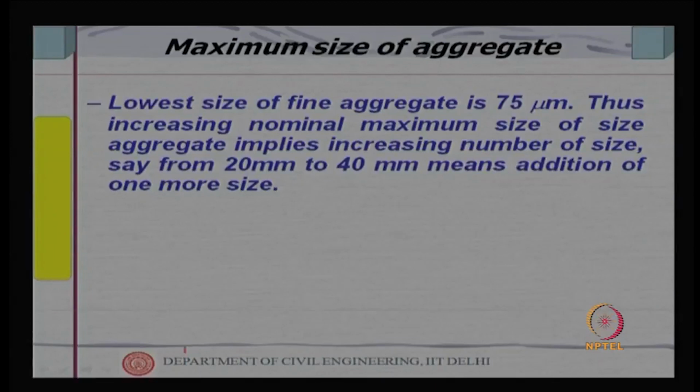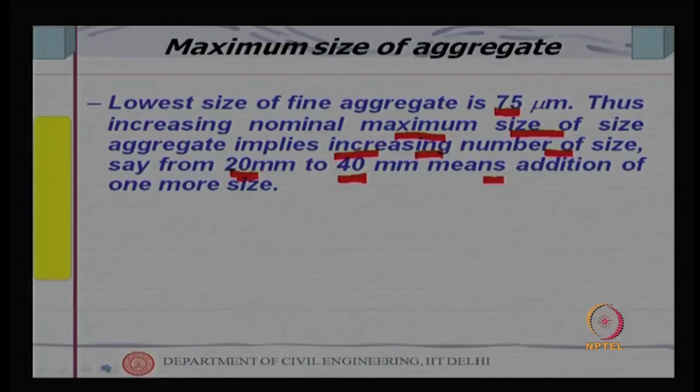So, the lowest size we say is 75 micron, because that is the sand size. Thus, increasing the nominal maximum size of aggregate implies increasing the number of sizes by one. So, if you are using a maximum size of 20 mm and now you decide to use 40 mm, it means that you have added one more size, which means my packing density will increase and I can use less paste.